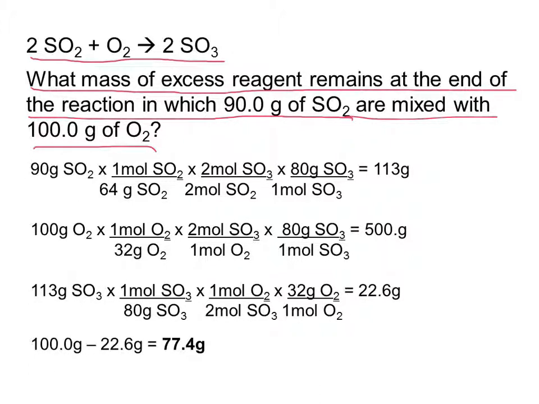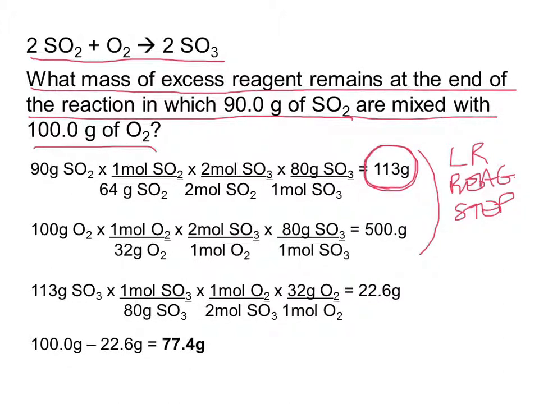So my first step is to determine which one of these is the limiting reagent, right? So these two steps here are the limiting reagent steps. And I determined that my limiting reagent in this case is the lesser of the two materials, and it's going to be the 90 grams of sulfur dioxide.